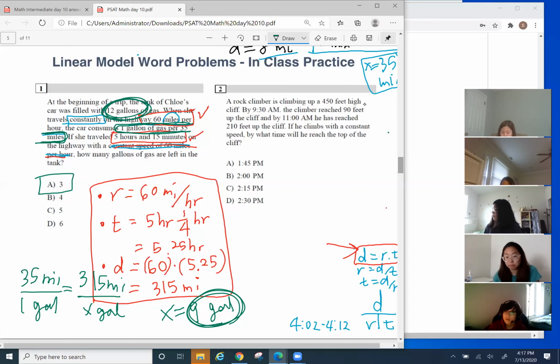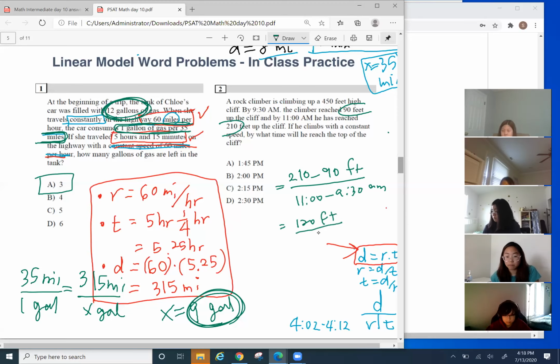He traveled from 90 to 210 feet, so that's 210 minus 90 feet, within the time from 11 a.m. minus 9:30 a.m. So what's 210 minus 90? 120. He traveled 120 feet.